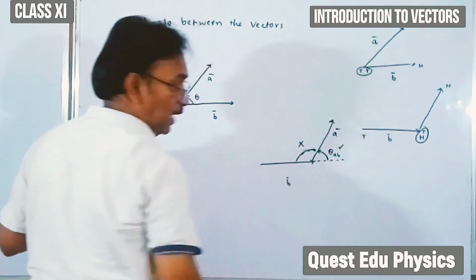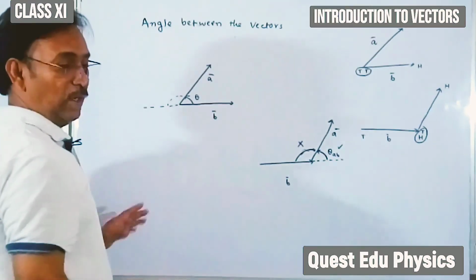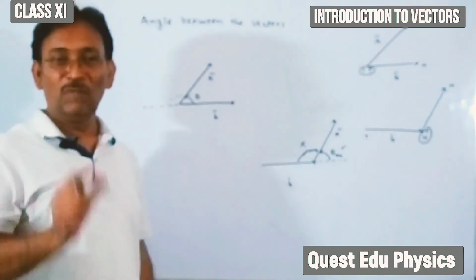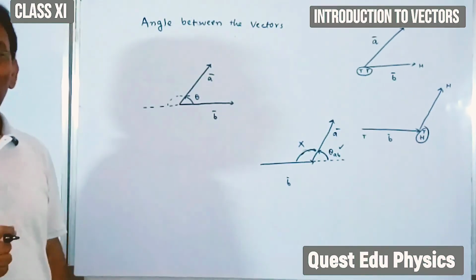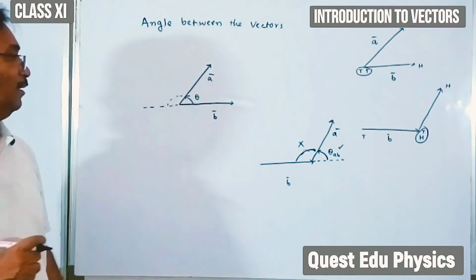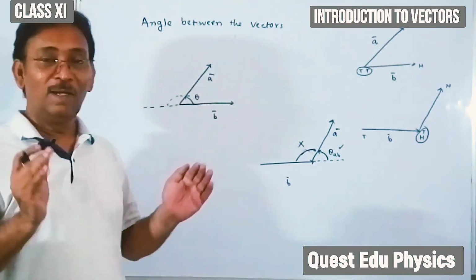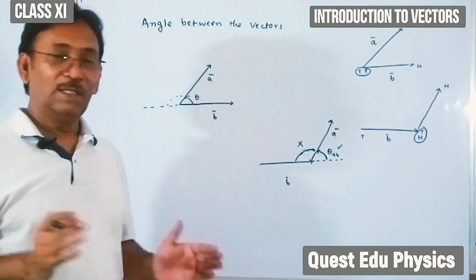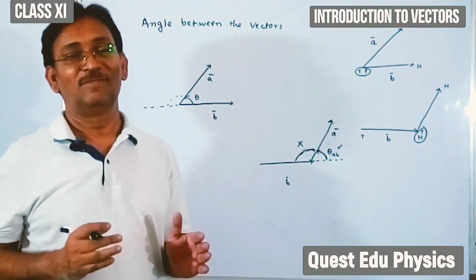When we are adding the two vectors, always we have to take the smaller angle. Okay? It is about the vector representation.